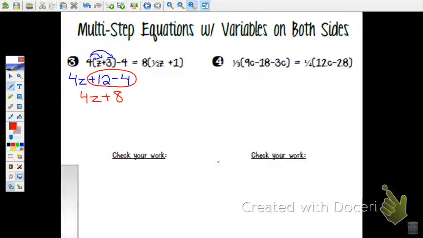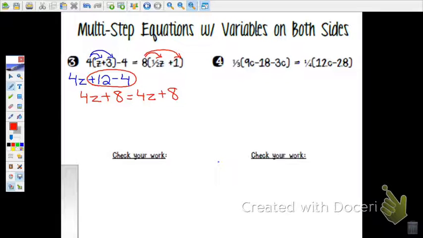Then on the right-hand side, I need to distribute the 8. So 8 times 1/2 z, what's half of 8? 4. So I have 4z, then I take my 8 times 1 and get plus 8.